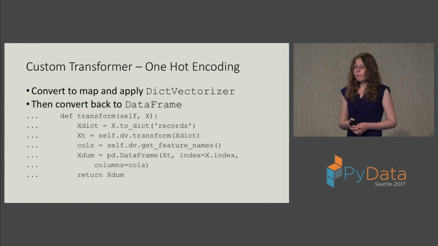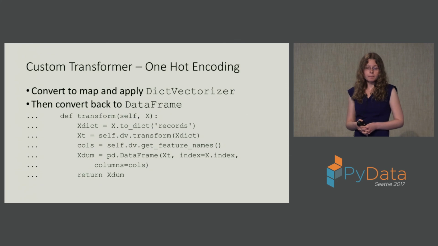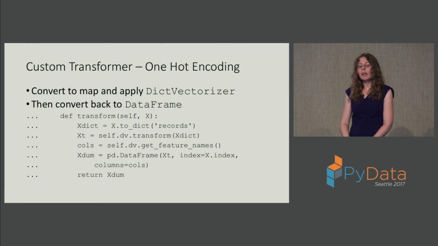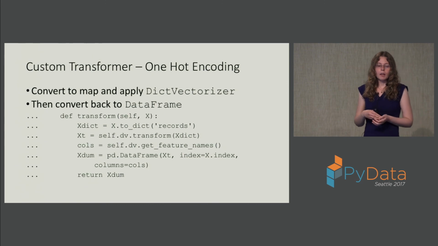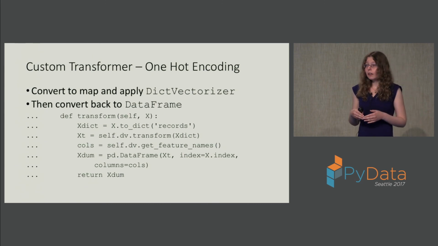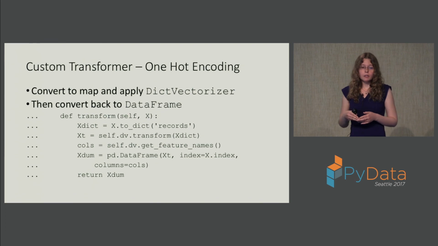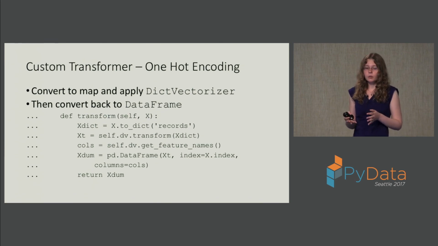In the transform method, we again turn our data set into dictionary records, and then call the transform on that internal transformer, go grab the feature names that it produces. So this will say like event park location equals Magnuson, event park location equals Gasworks, and pull the index from the original data set and just throw those back on and turn it back into a data frame.